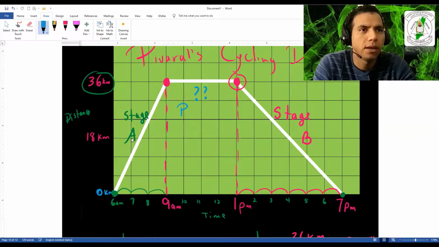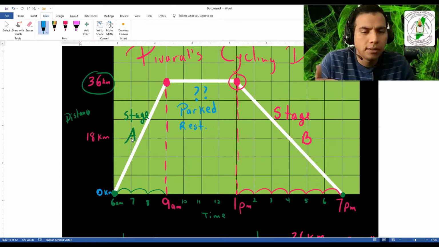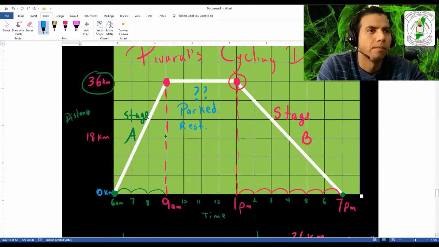Therefore, we can establish that here the object was at rest, the object was parked. So it remained constant, remained in the same place.